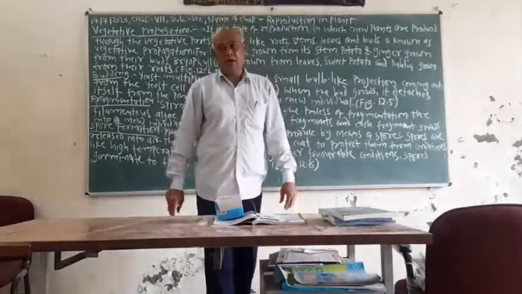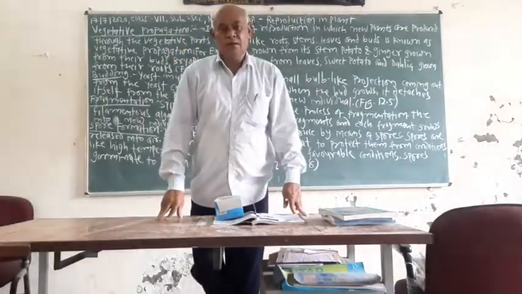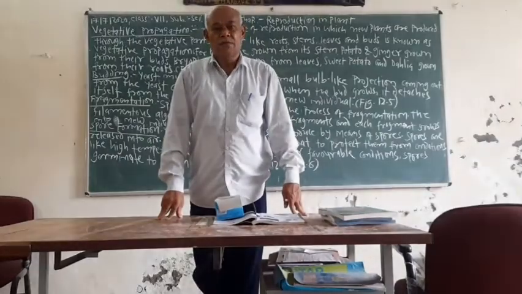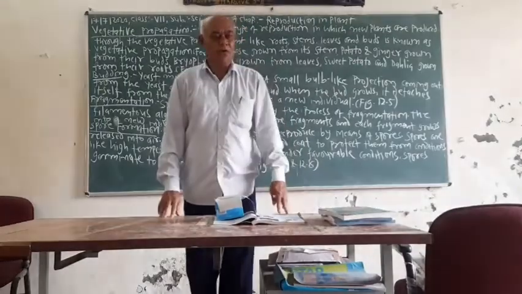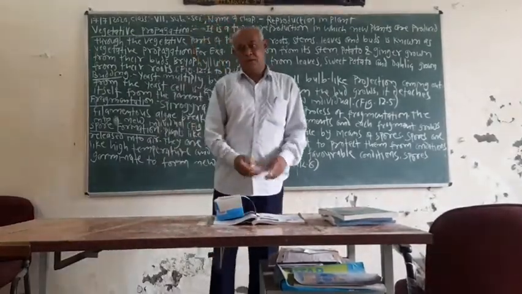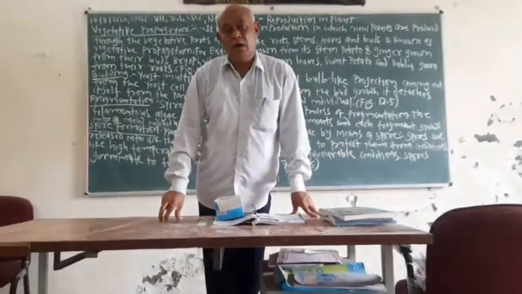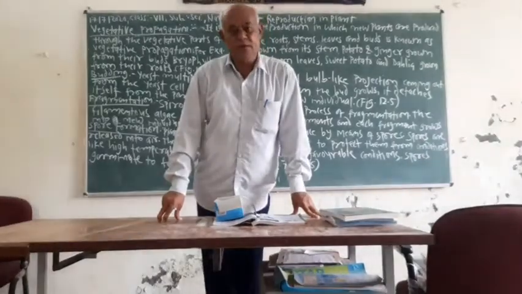We also learn the meaning of reproduction, that is, when a new individual is produced from its parents, it is known as reproduction. We also learn two types of reproduction.